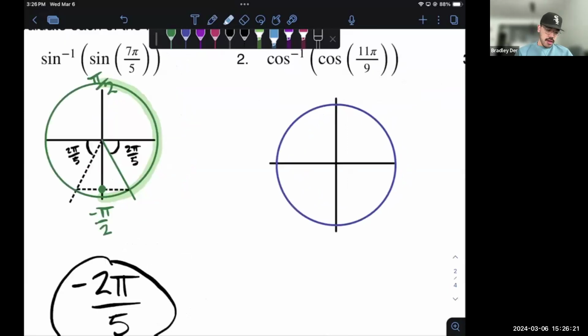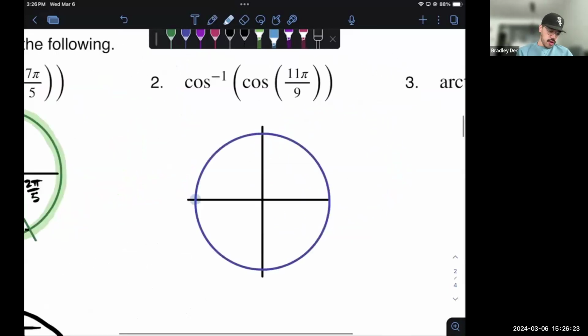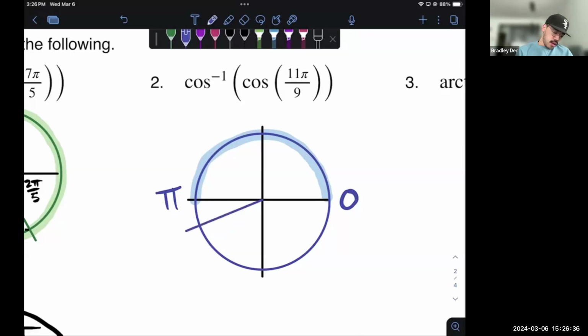Setting up axes, unit circle, I'm dealing with inverse cosine, so I'm going to be looking at quadrants 1 and 2, from 0 to pi. 11 pi over 9 is going to be past 9 pi over 9, or past pi. So let me make that dash over here. That would be about 11 pi over 9.